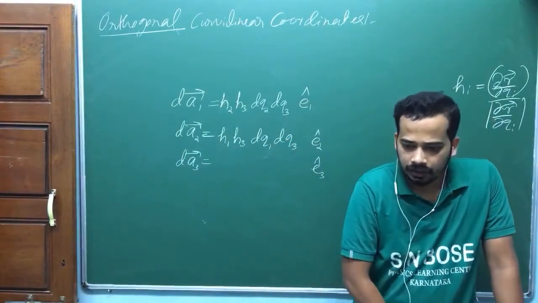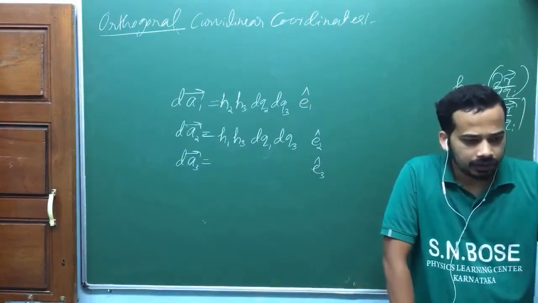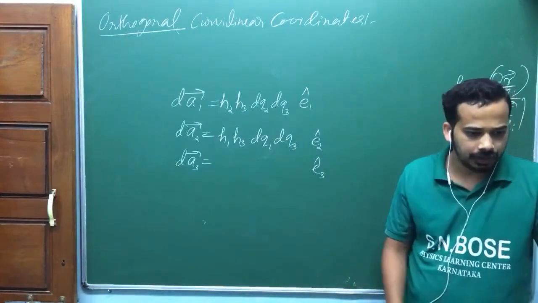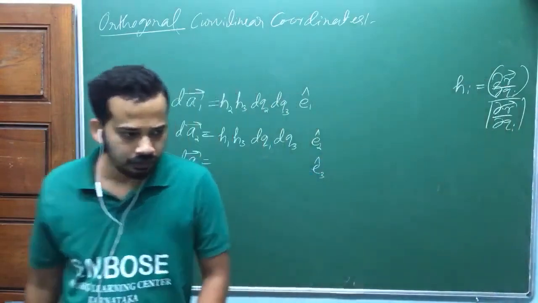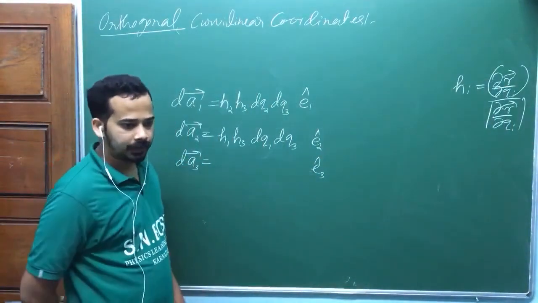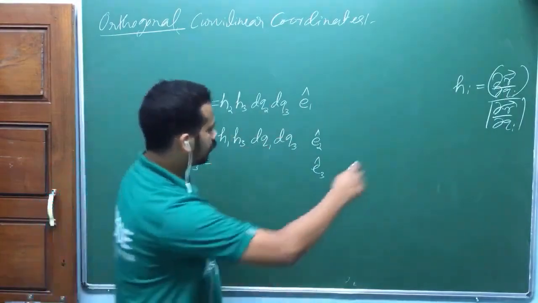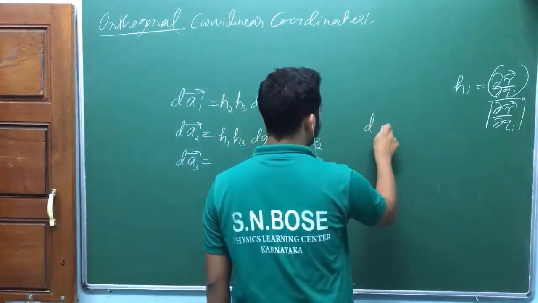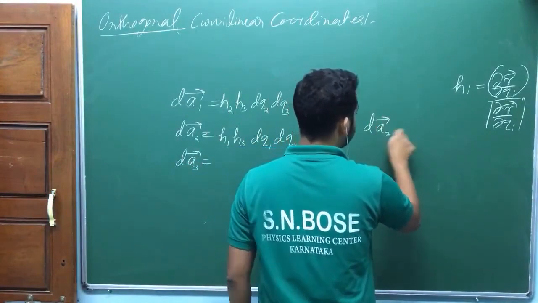While doing surface integral over a cube, I think you have used this one, am I right? Over the surface of the cube, I think you have done this actually. Let me give the example. Suppose you want the area vector along the z cap direction.